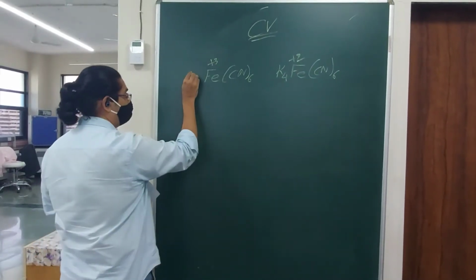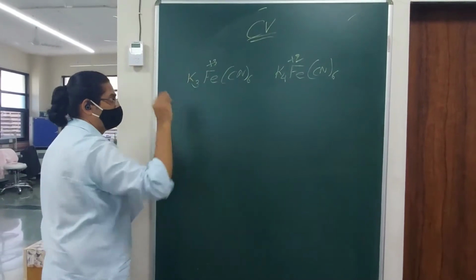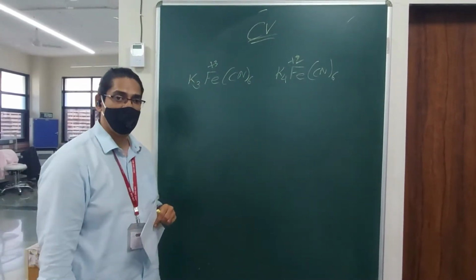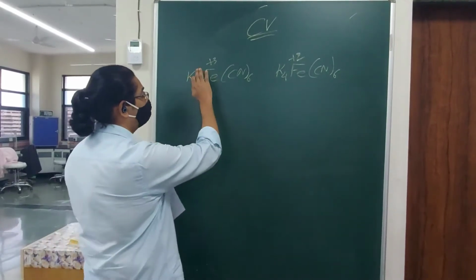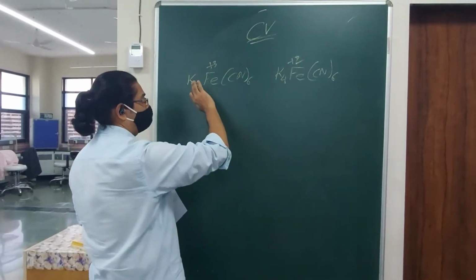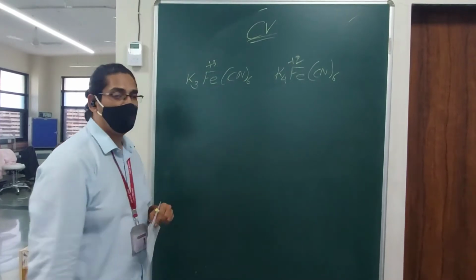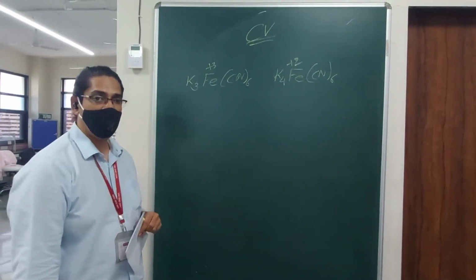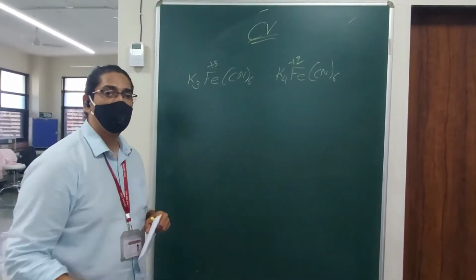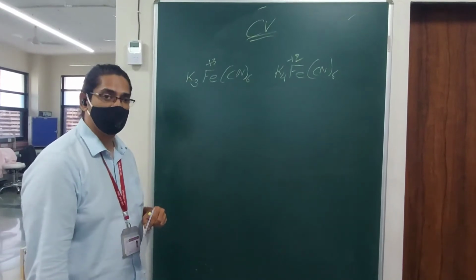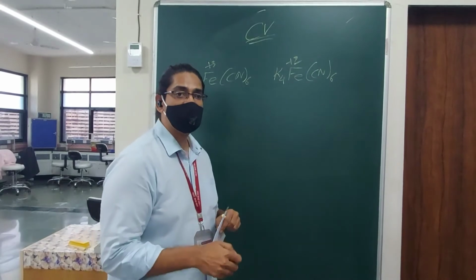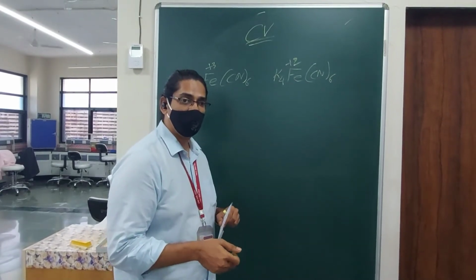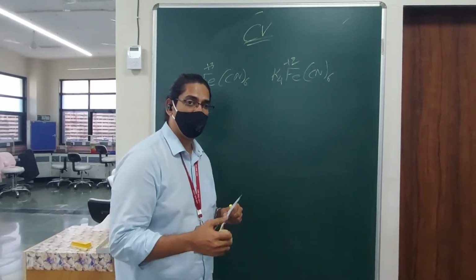Here it is +3, then K3, right? 3 taken care of like this. Now you can see there can be a change in the oxidation state of this iron by applying a potential difference across it. And this is what we are going to study using cyclic voltammetry. That's what the experiment is all about, right?